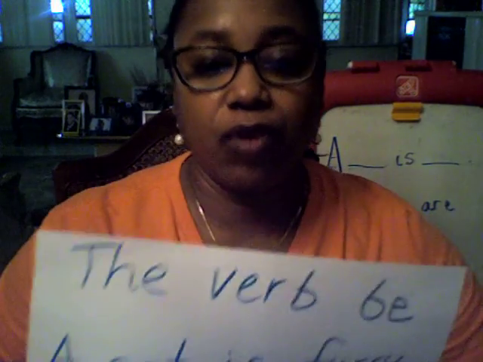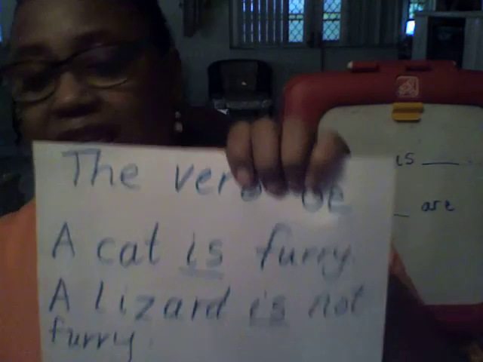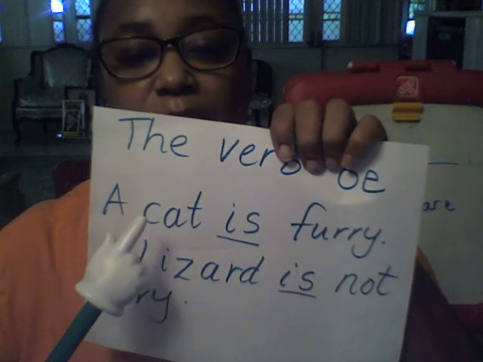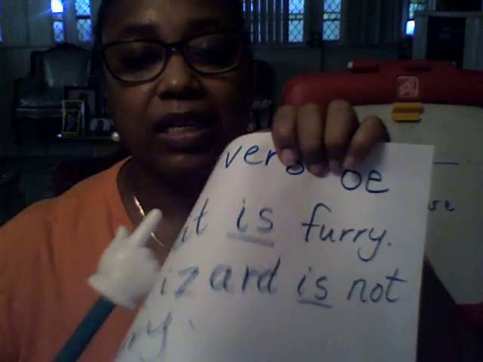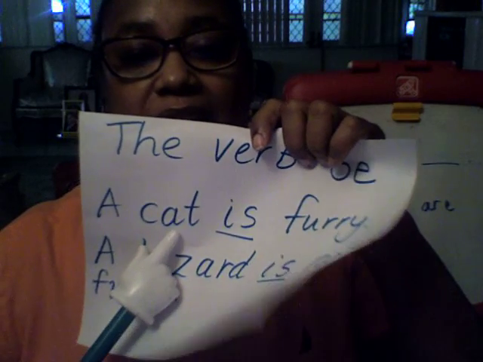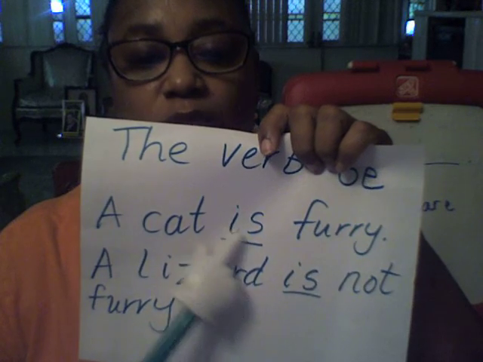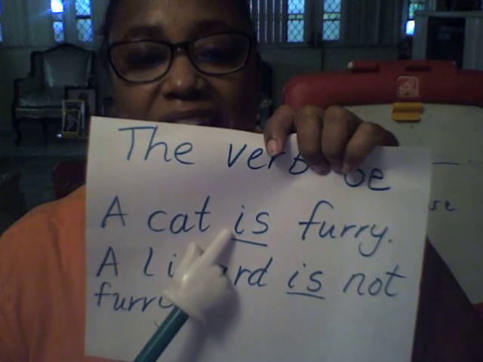It says the verb in be, right? And look at our first sentence. It says a cat is furry. What do you notice about the noun? Remember? The telling part. You notice that it's singular, one cat, and then we use the verb is. So if we're talking about one, and what's happening now, we use the word is.